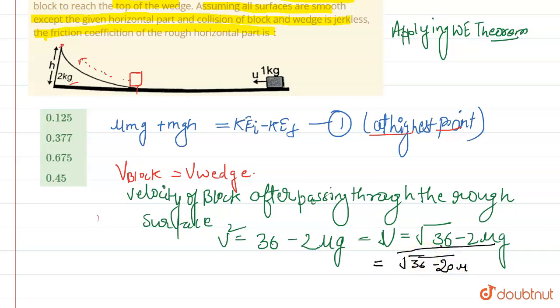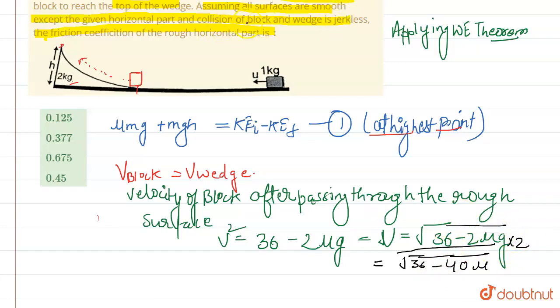Sorry, it will not be 20, it will be 40, because there is a 2 here also. So it will become 36 minus 40 mu. Multiply by 2 also here.